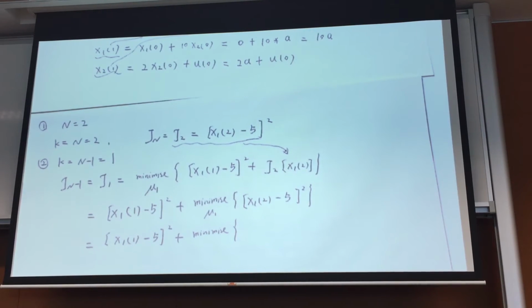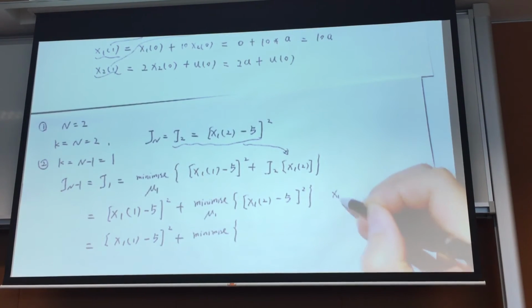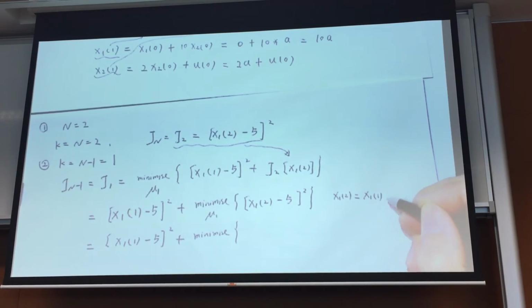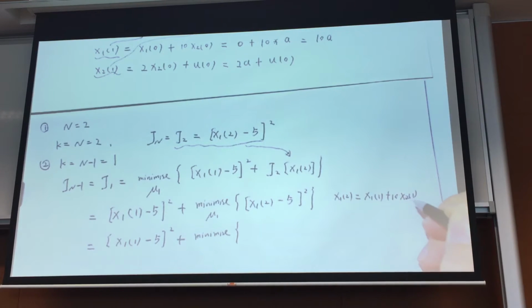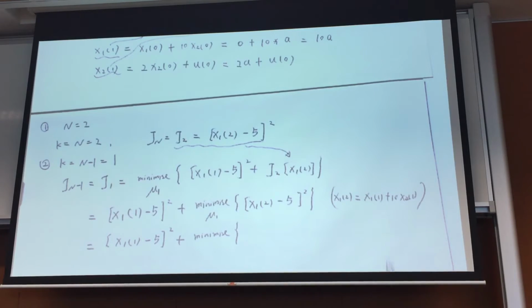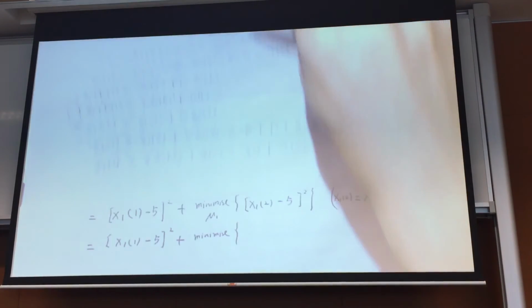the x_1^2, we know x_1^2 is given by x_1^1 plus 10 x_2^1. We already know this from our derivation and here from our update equation.